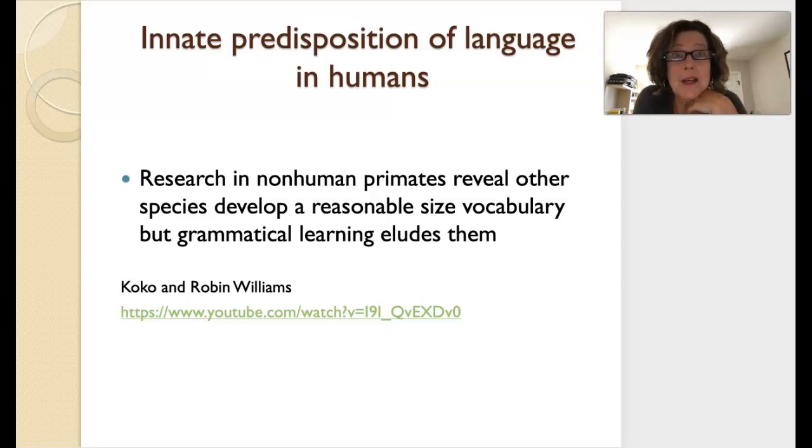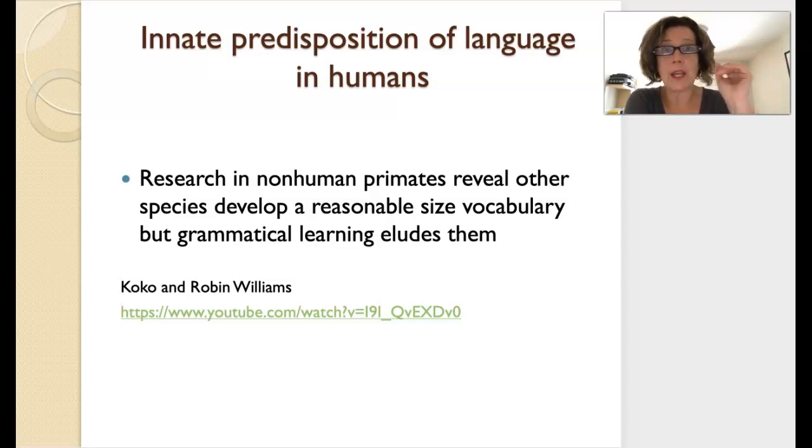So other animals, especially primates, could actually have a vocabulary, but grammatical learning eludes them. If we are talking about language as where we actually have comprehension, where we actually have grammar, not just communication, because you can say the birds are communicating, the dolphins are communicating, the bears are communicating, that's not the basis of this.